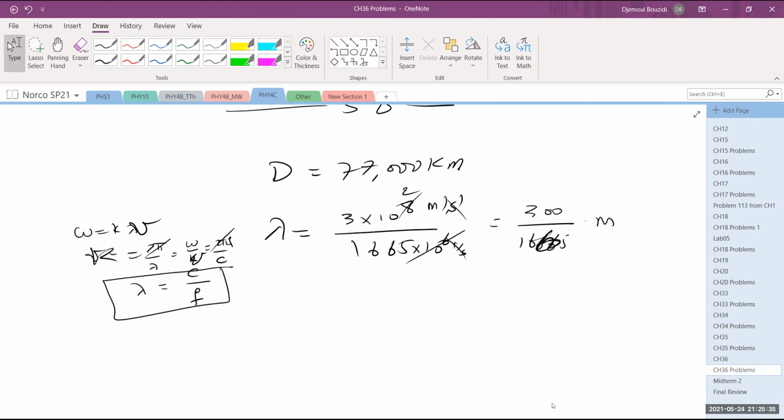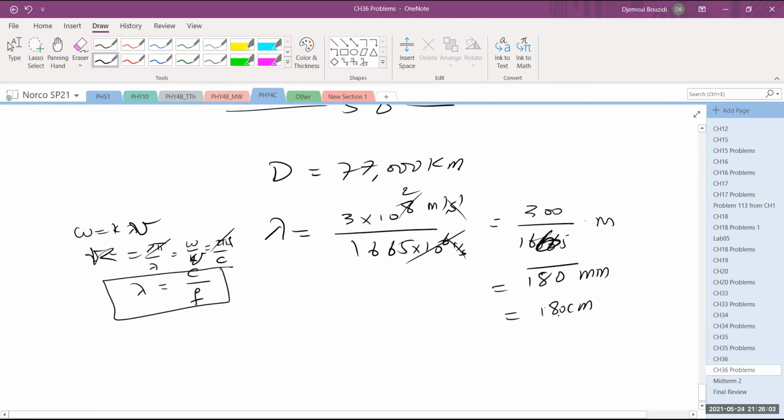Let me get this number because we will need lambda. 300 divided by 1,665 is 0.180 repeating. So this is 180 millimeters, or 18 centimeters. So that is the wavelength.